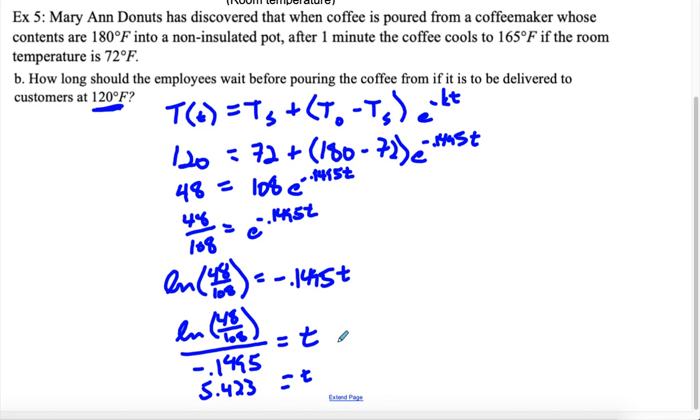Okay, so Newton's law of cooling is actually a really interesting application here.